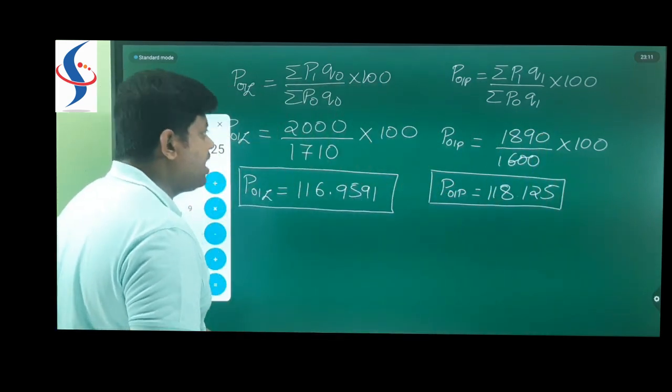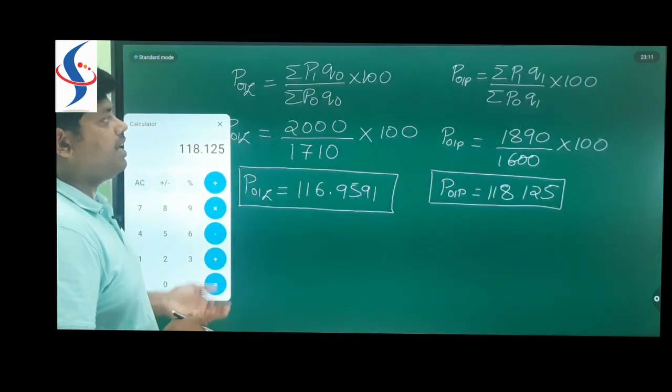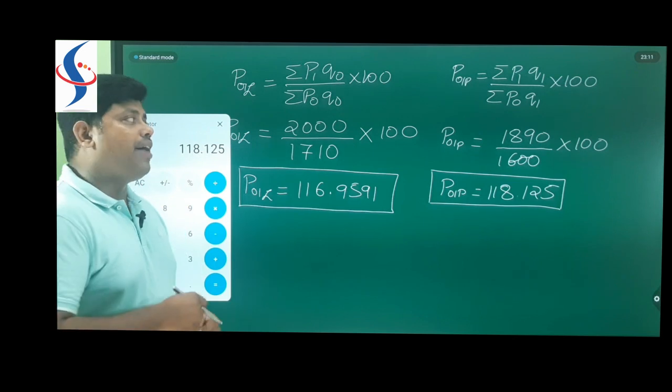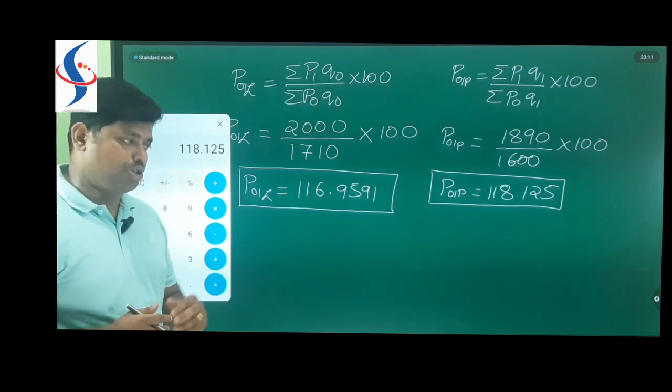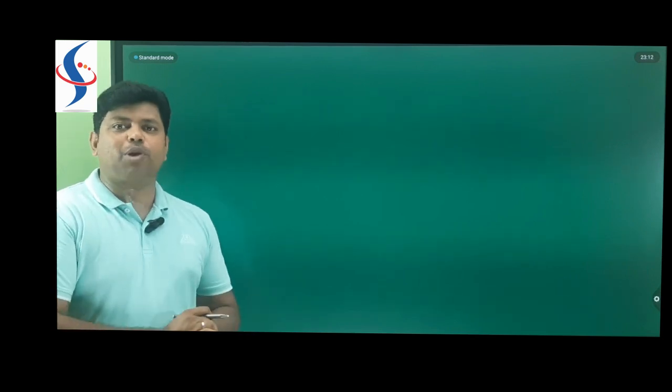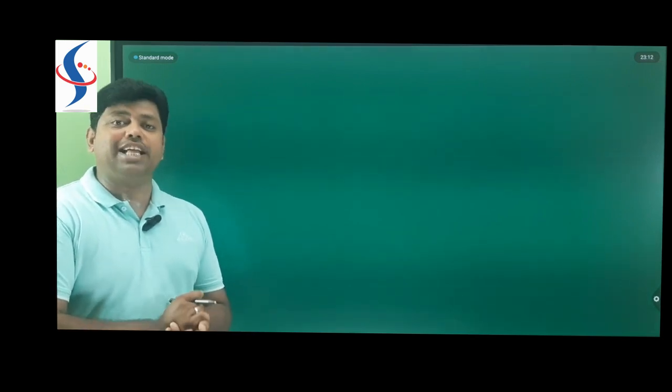I hope you are understanding. So this is Laspeyres as well as Paasche. Our next job is to find the other three which are asked in the question. The next part of this problem is to find the Marshall-Edgeworth price index number. So let me start.